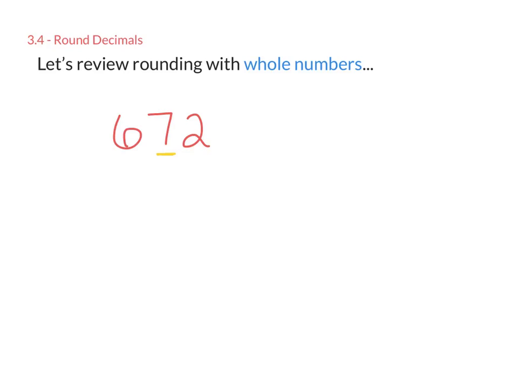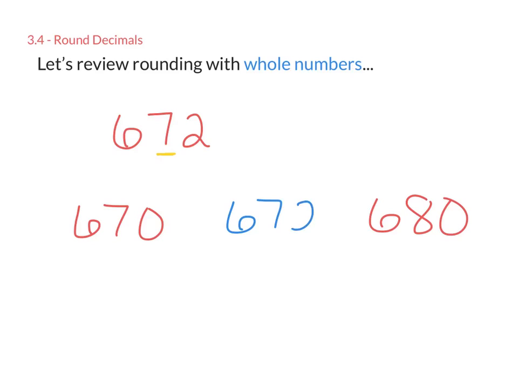So 672 is between 670 and 680. Right, 672 is more than 670, but it's less than 680. And then rounding says you're trying to figure out, is 672 closer to 670 or closer to 680?